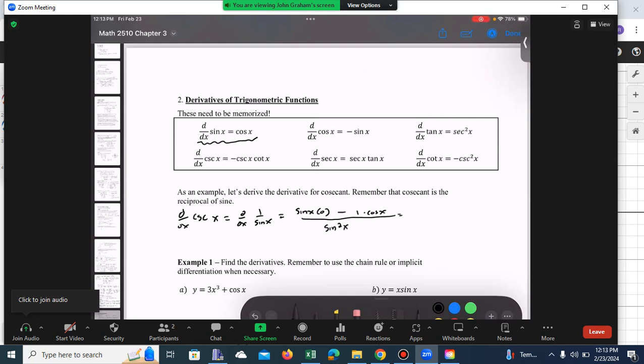So we'll have 0 minus cosine x over sine squared x. Okay, now we just gotta make it look like what we have here. And so to do that, we can break up the denominator.